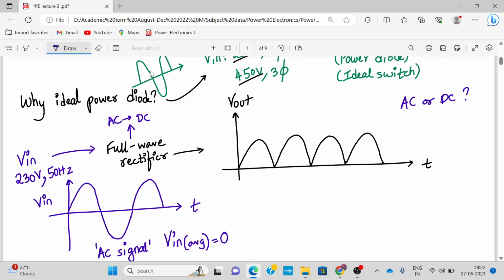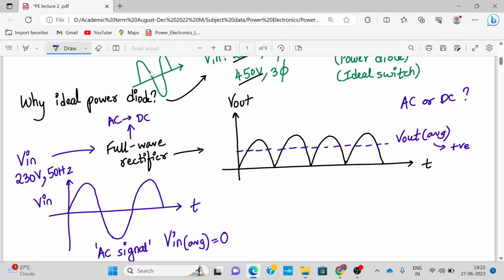The first opinion may be that it looks like an AC signal, but no. Mathematically, the average value of this waveform is not 0. Since our entire waveform is on the positive side, the average value will be somewhere around here, and it is a positive quantity. So it's not 0, so it's not an AC signal at all.